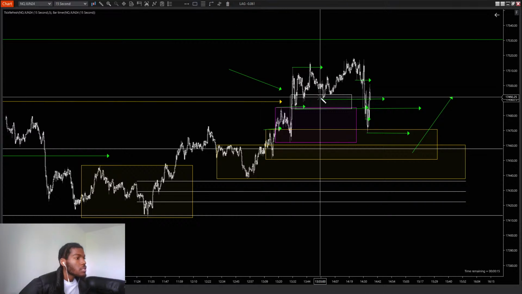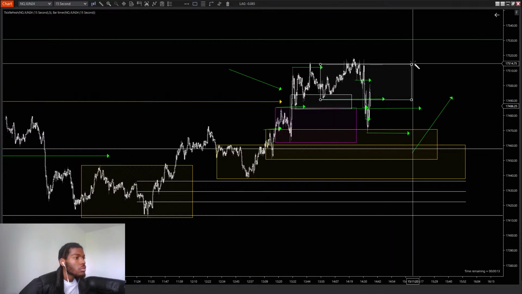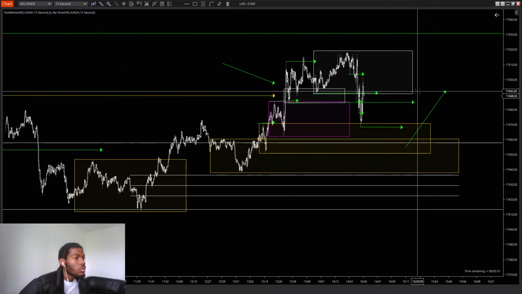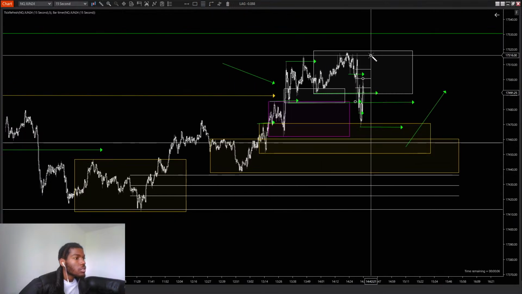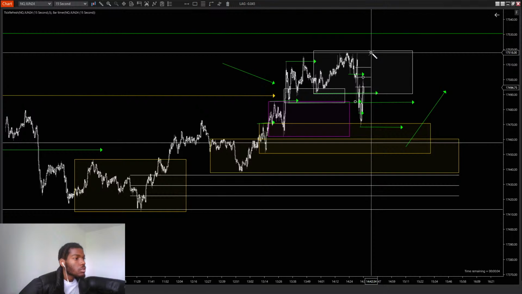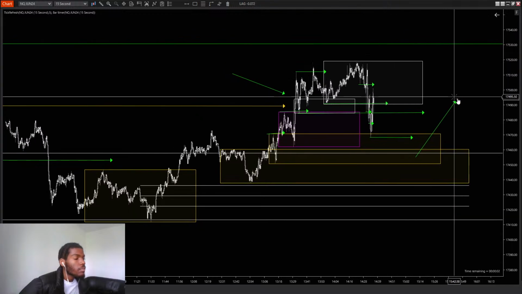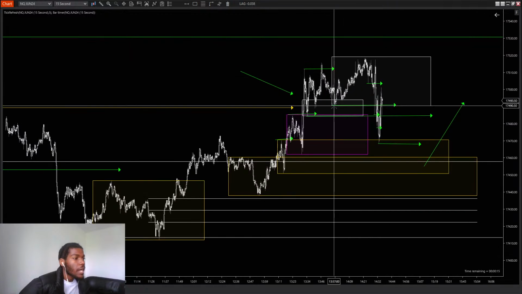We end up moving back inside the previous range here. The fib that I just deleted right there. But this is the higher time frame zone.